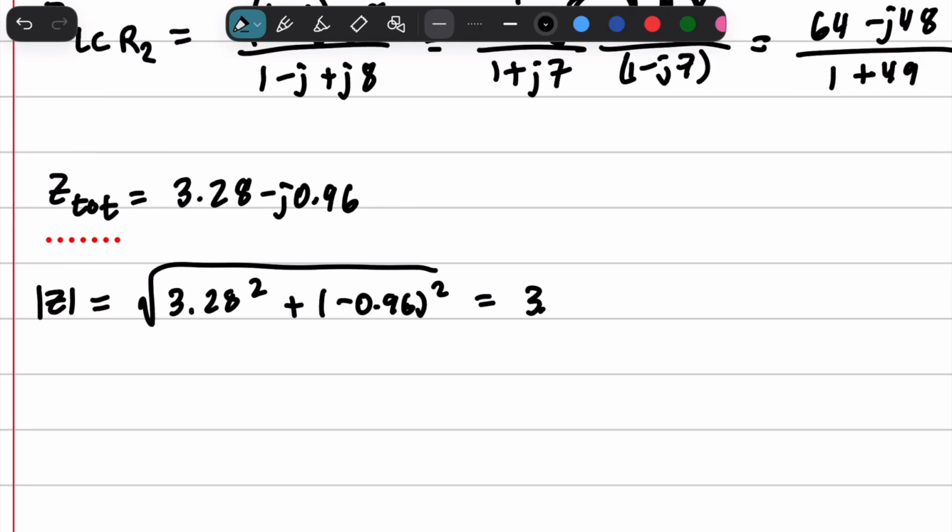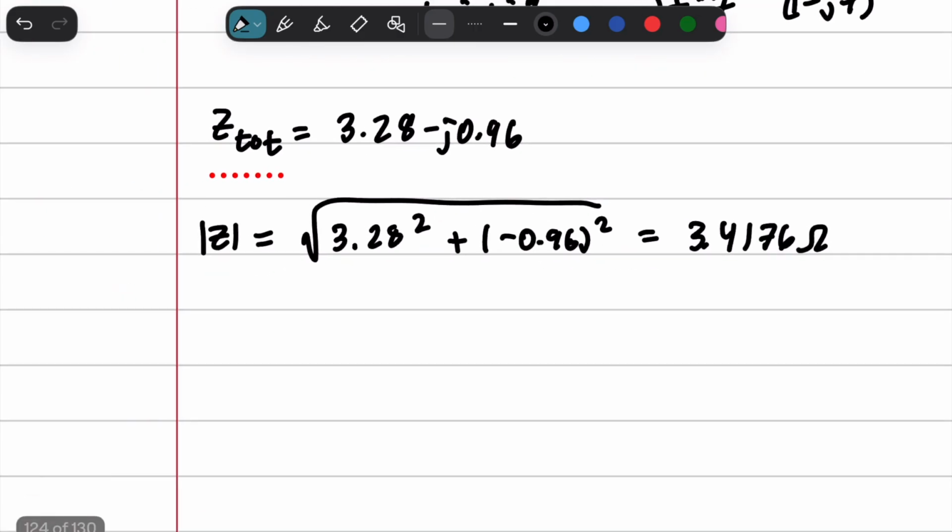That's 3.4176 ohms. And to find the phi, all we're going to do is tangent of negative 0.96 over 3.28. So that means that we are in the fourth quadrant, and this is more capacitive.